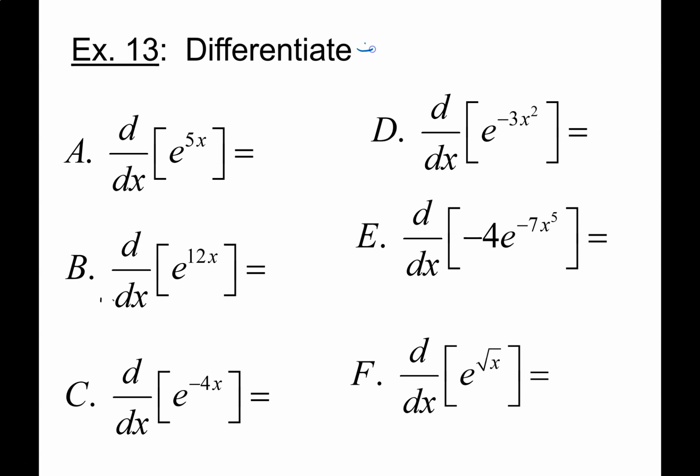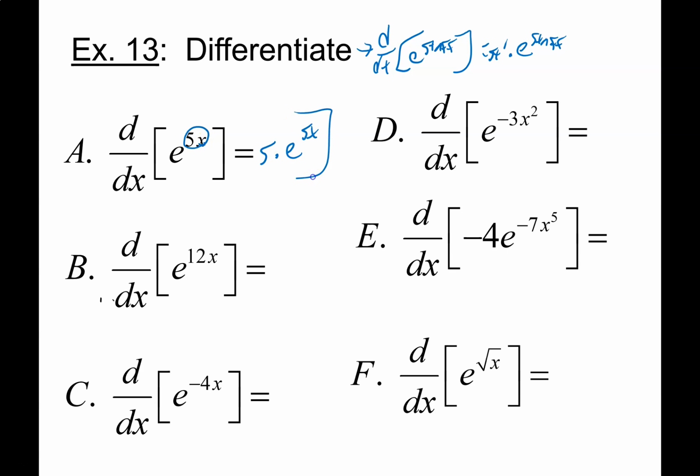Remember, differentiating e to the stuff is just e to the stuff times your stuff prime. So my stuff prime here is 5 times e to the stuff.